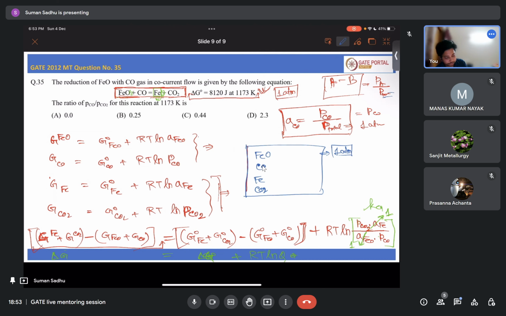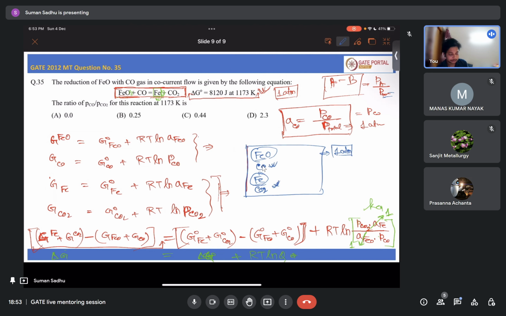So in this container, will FeO and iron give rise to any partial pressure? No, right? So that's why only gaseous phases are considered, because the gaseous phases contribute to the partial pressure.